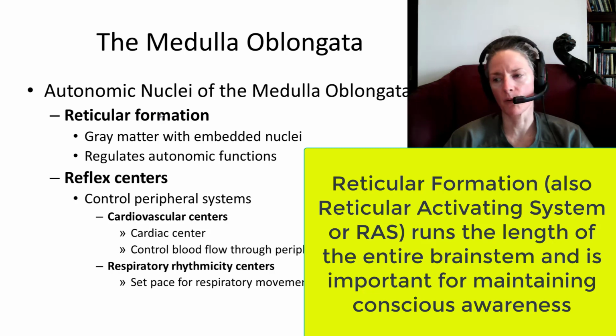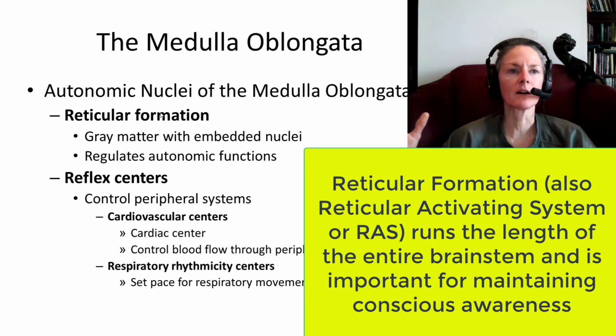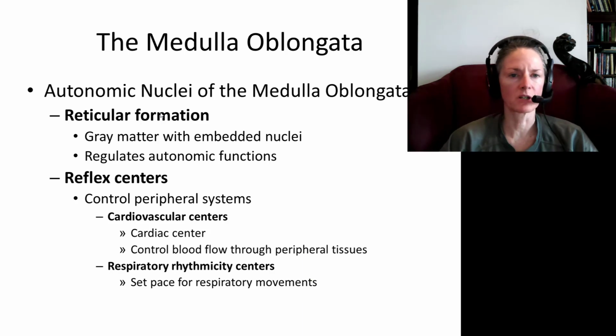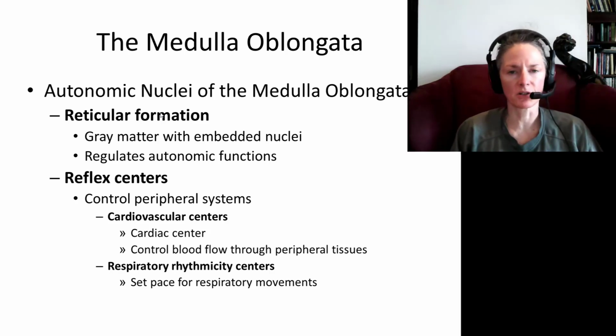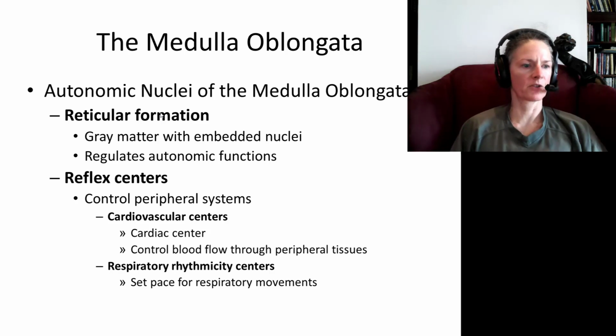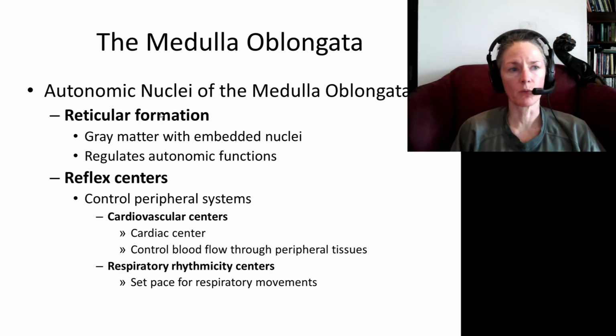And this is going to be very important for regulating autonomic functions in the context of awareness and arousal and even consciousness. So the reticular formation is going to regulate such things as skeletal muscle tone and reflex reactions, the amount of skeletal muscle tone that you have, as well as your reactions to things. So how sensitive you are, how awake you are.